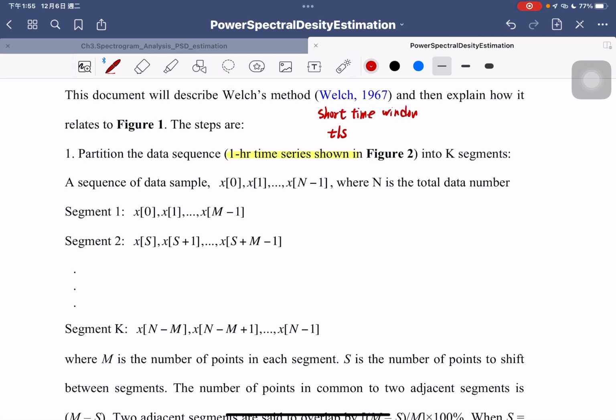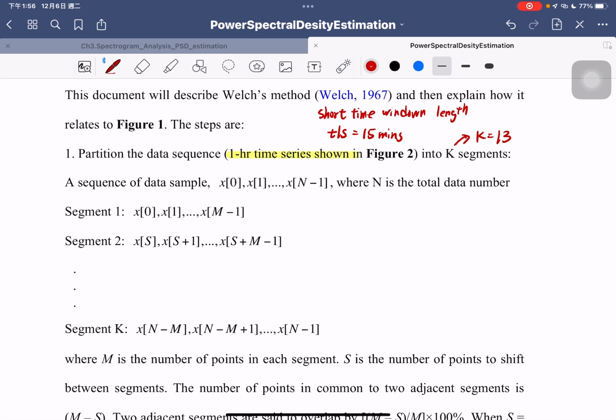TLS is equal to the 15 minutes if I assume the short time window length is the 15 minutes. And then here the K should be equal to 13, right? We just follow the figure 2. We know that if I decided the TLS is the 15 minutes, we have totally 13 segments.